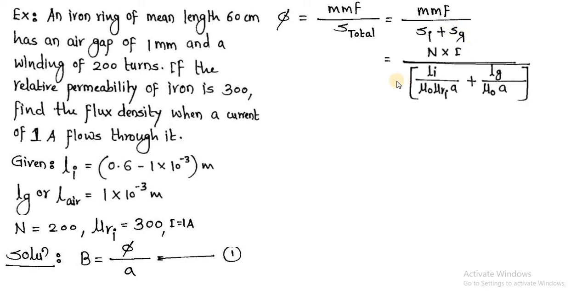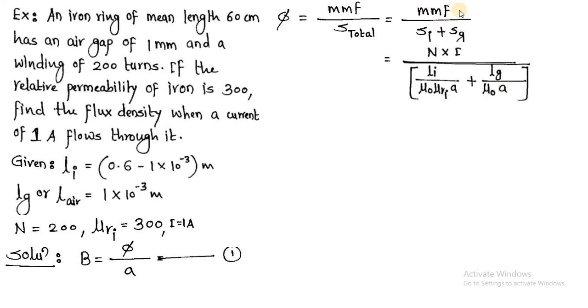The reluctance of the iron path, that is Si, will be equal to Li divided by mu 0 into mu r of iron, that is mu ri, into A, and the reluctance of the gap will be equal to Lg, that is length of gap, divided by mu 0 into A. Mu r of air is equal to 1, so there is no need to take mu r value over here. So mu 0 into 1 into A will be equal to mu 0 A only.